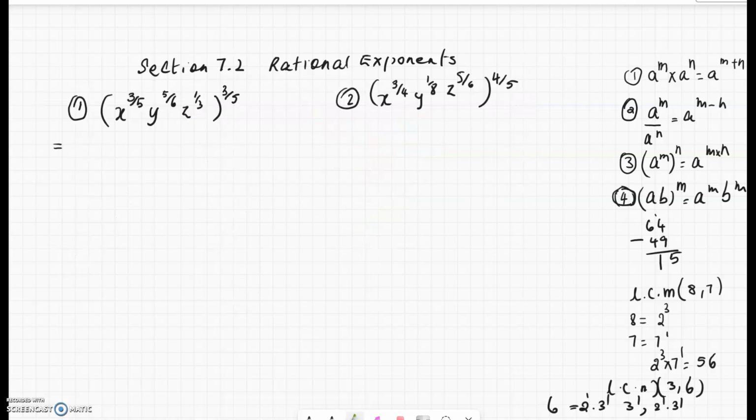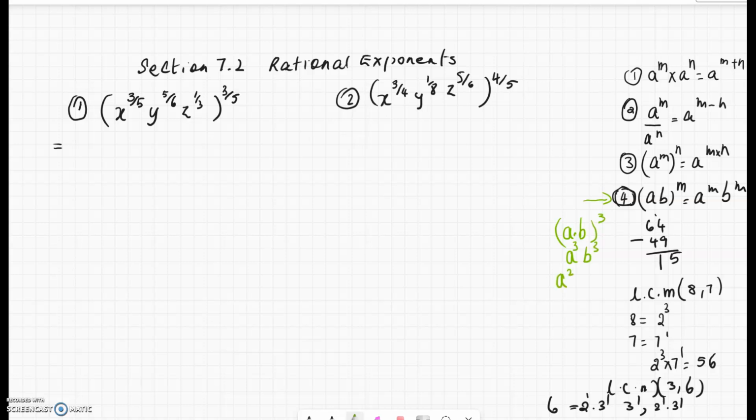Now we're going to use this rule. Suppose we have a b to the 3rd and a is multiplied to b, then it's just a to the third, b to the third.